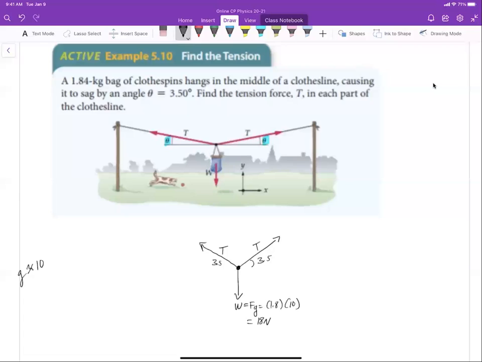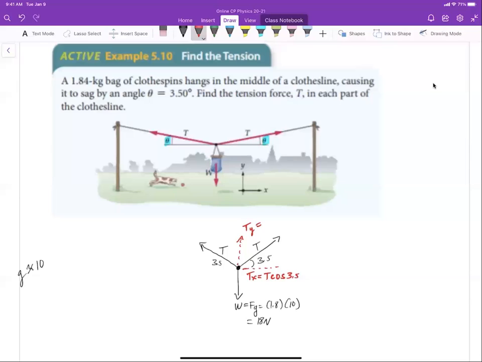So we need to break these tensions into their components. Tx is equal to T, the hypotenuse, times the cosine of 3.5 degrees.